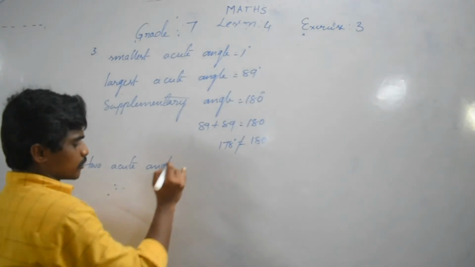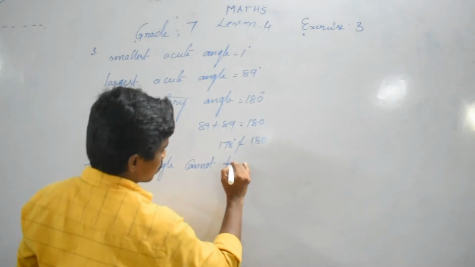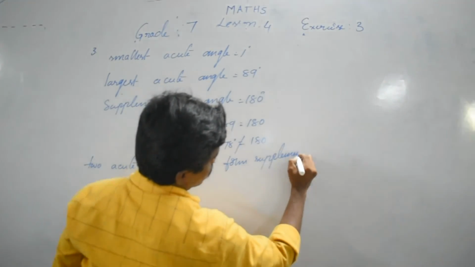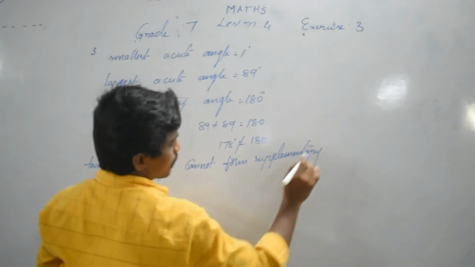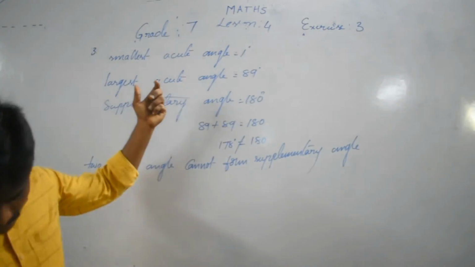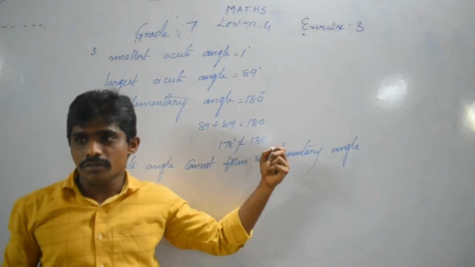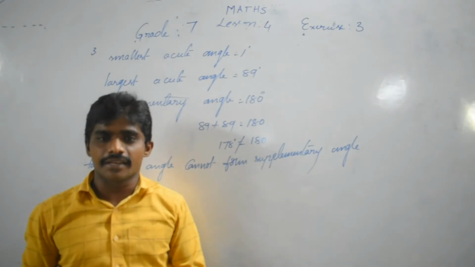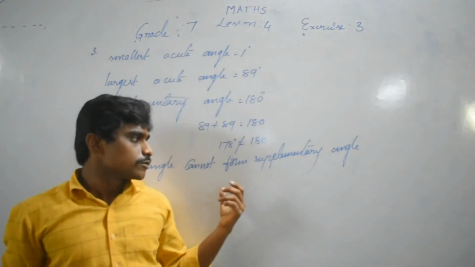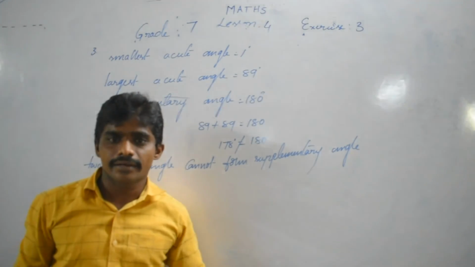So two acute angles cannot form supplementary angles. Clear? Largest acute angle 89, two acute angles 89 plus 89 is 178, is it equal to 180 degrees? No. So two acute angles cannot form supplementary angles.